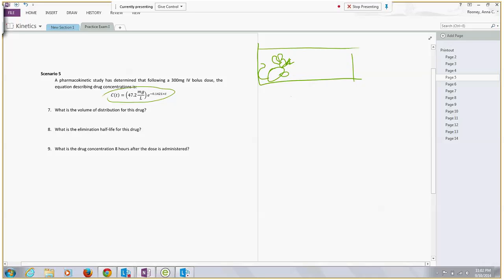I would find that drug concentration is there after an hour, and then there, and then there, and put it into an Excel sheet. Make a graph, and choose the best fit line.